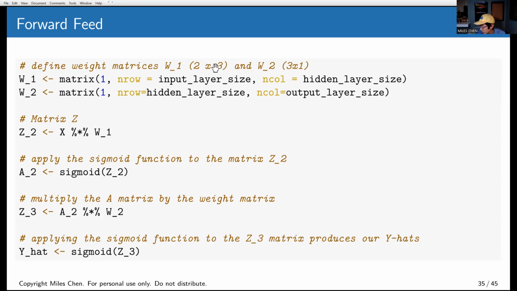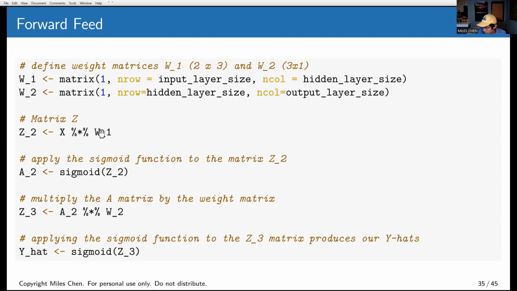W1 is a 2 by 3 matrix, and W2 is a 3 by 1 matrix. I'm just filling them with arbitrary values of 1 in the beginning: 1, 1, 1, 1, 1, 1 for W1, and W2 is just 1, 1, 1, 3 rows, 1 column.